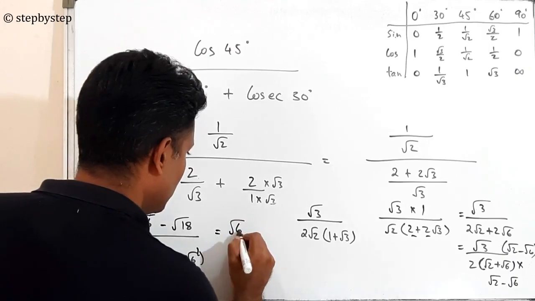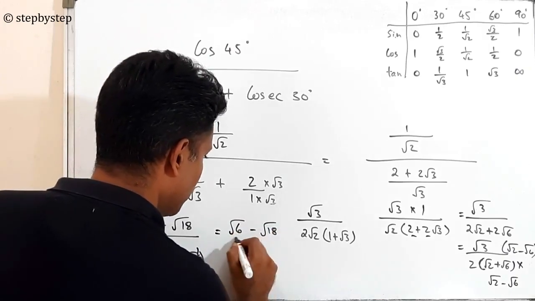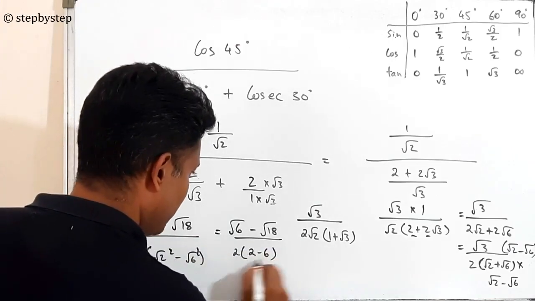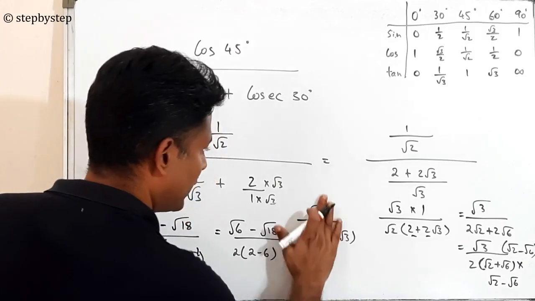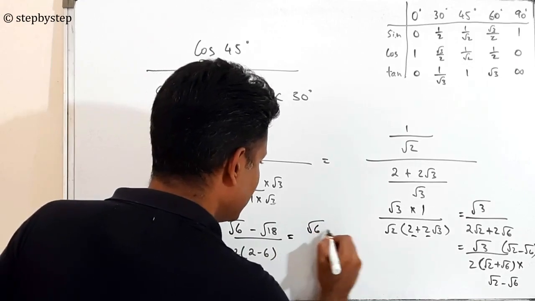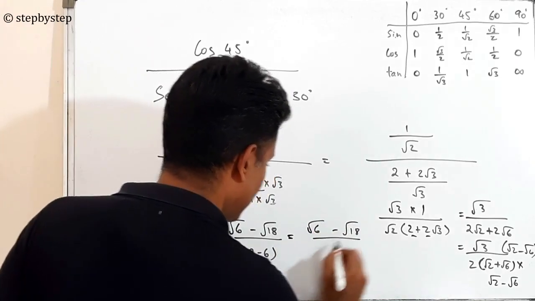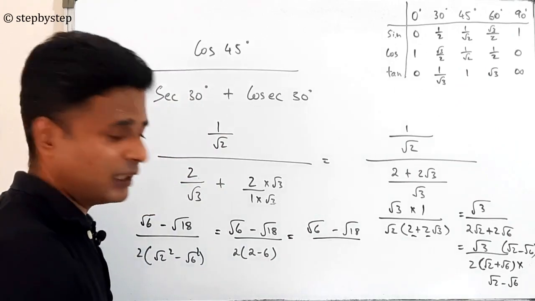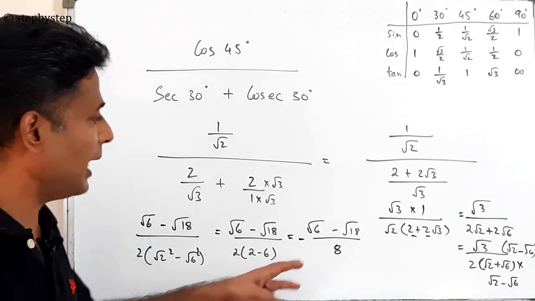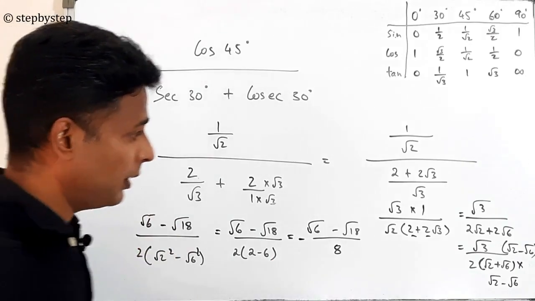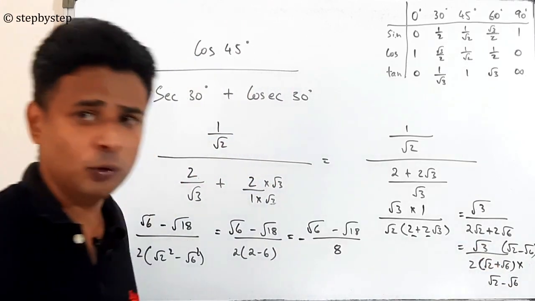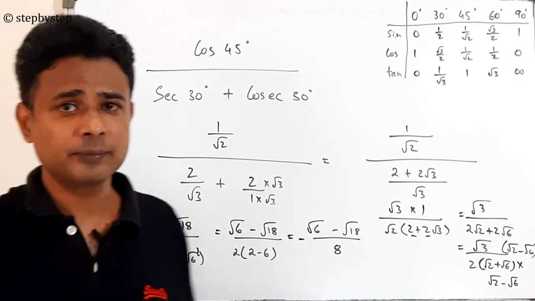So we get root 6 minus root 18 by 2 into 2 minus 6, which is equal to root 6 minus root 18 by 2 into minus 4, which is minus 8. So this should be your actual answer. Remember, if the denominator is irrational, you always have to rationalize.